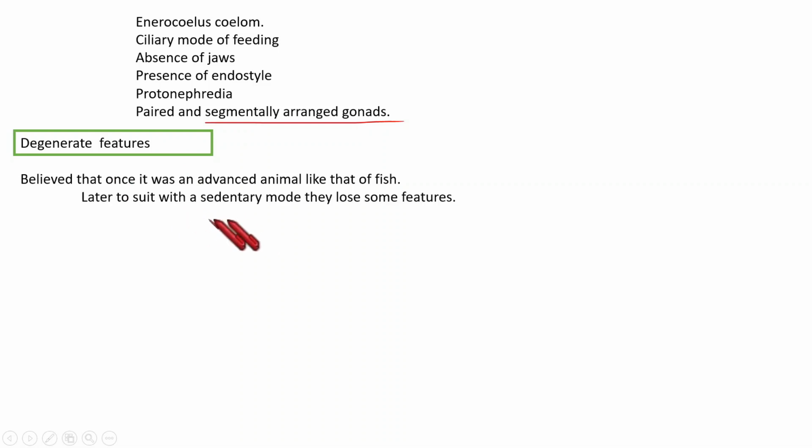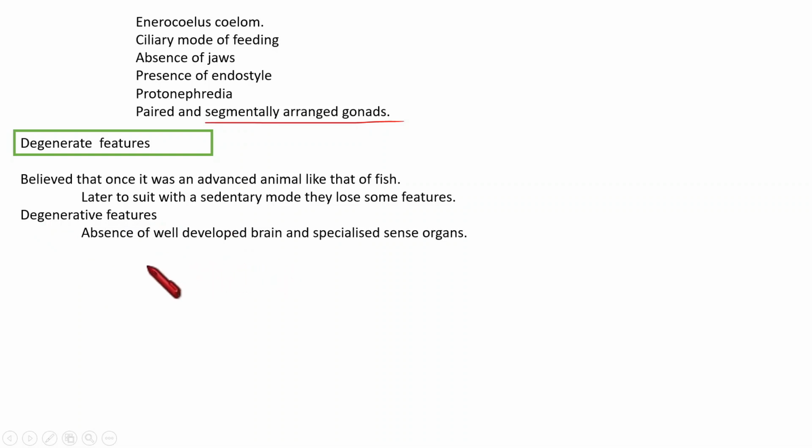So, which are those features? For suiting the sedentary mode of life, they lost some features, and those are degenerative features. Which are those features? The absence of well-developed brain and specialized sense organs. That means formerly they possessed these structures, and for suiting the sedentary mode of life, they degenerated these structures, a developed brain and specialized sense organs.